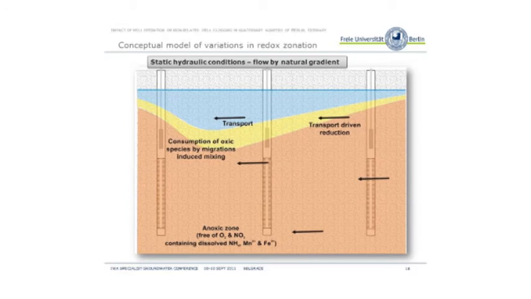And then we have resting wells and transport only by the natural gradient, and therefore also a consumption of the oxic species in the groundwater.